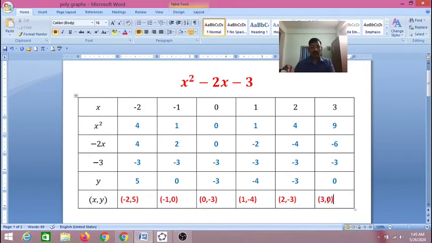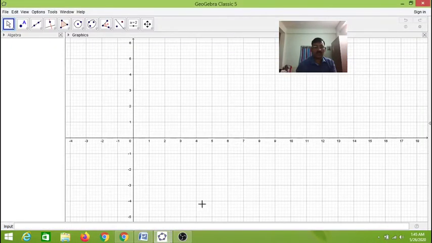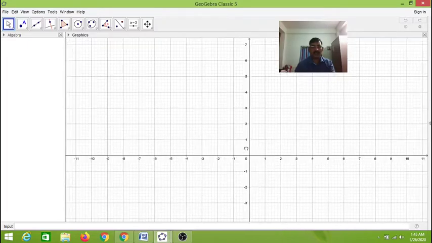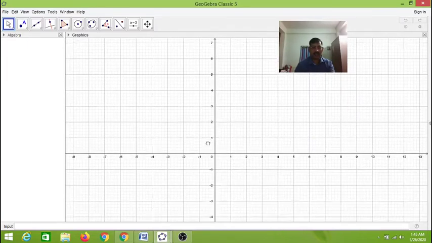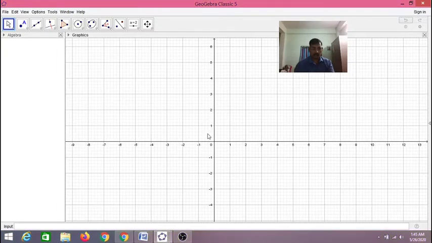Now try to plot the graph for this. Now we consider a graph sheet here like this. Now what are the points here?